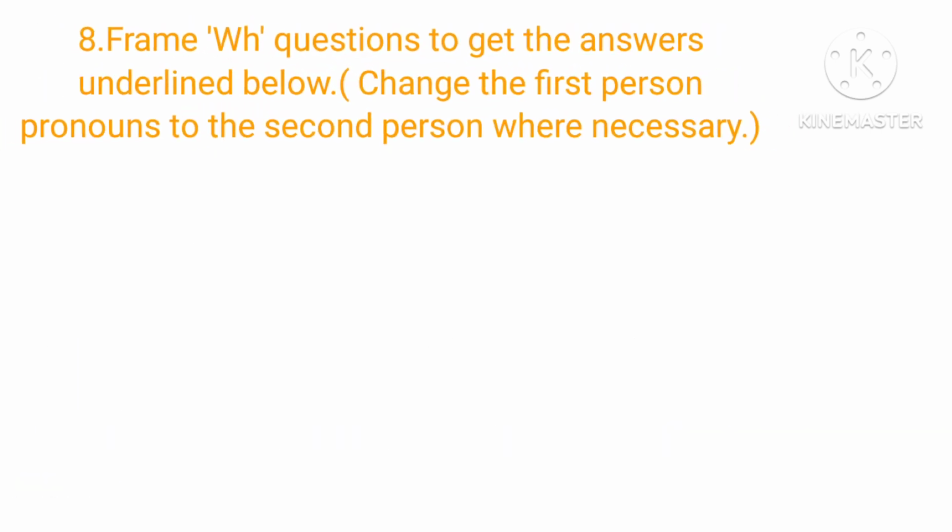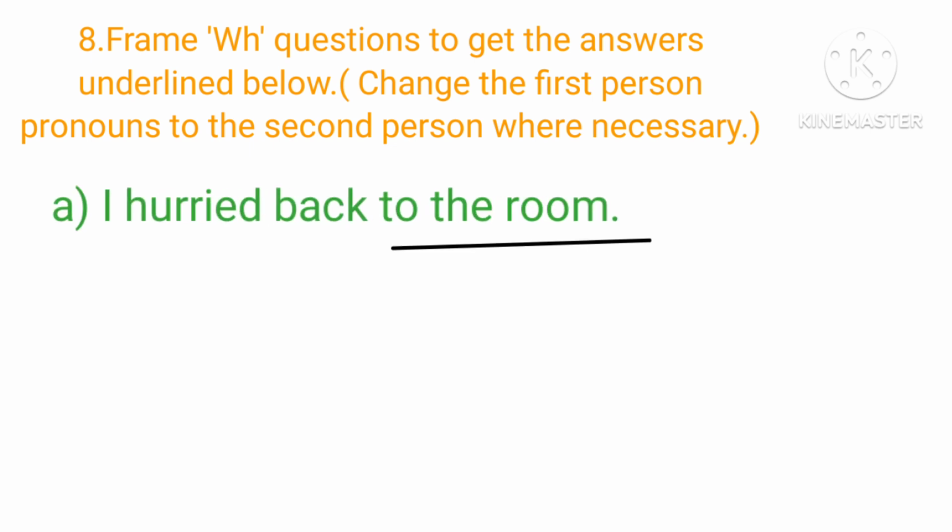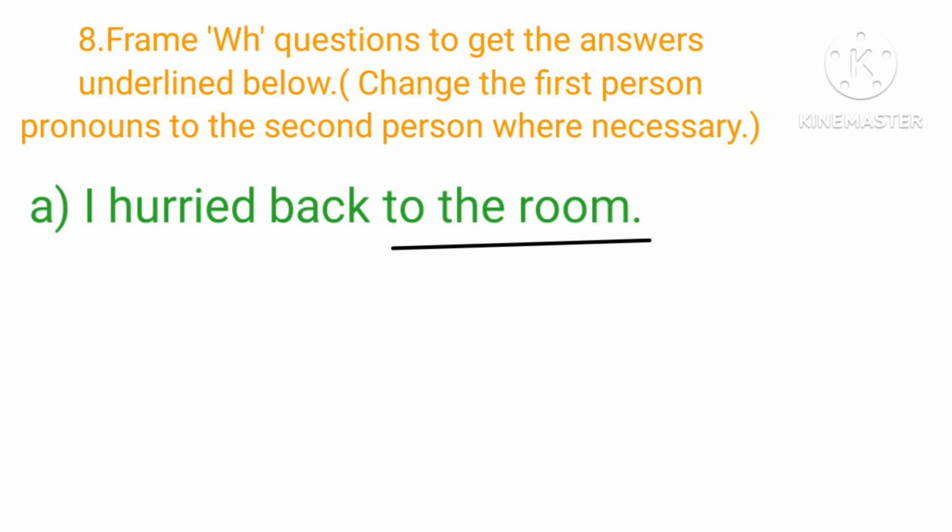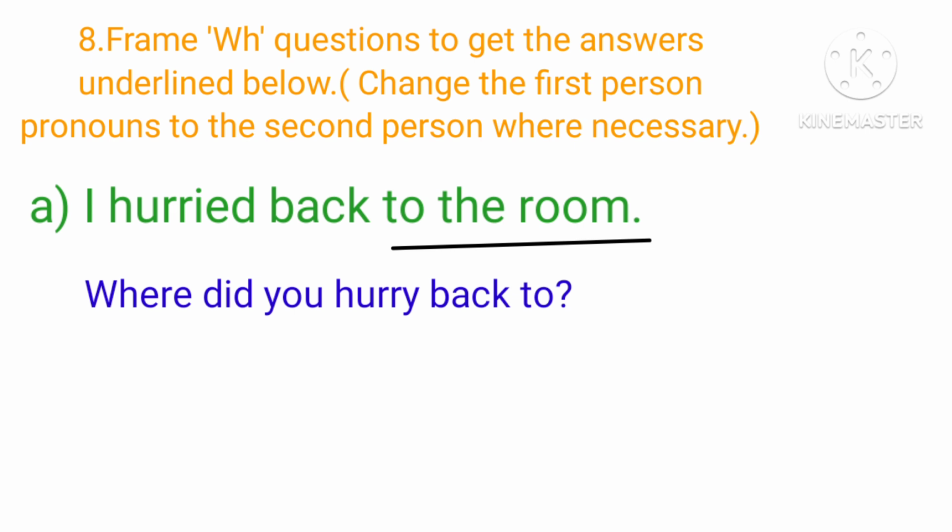Eighth activity: Frame WH questions to get the answers underlined below. Change the first person pronouns to the second person where necessary. A. I hurried back to the room, and the WH question is: Where did you hurry back to?